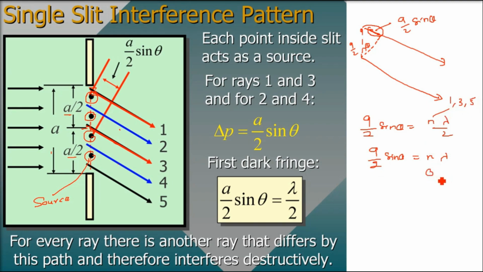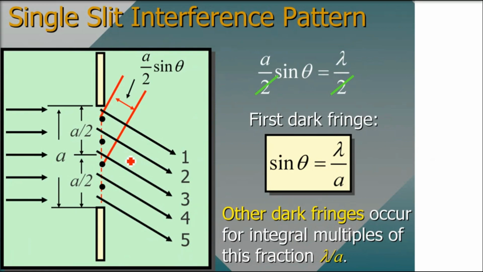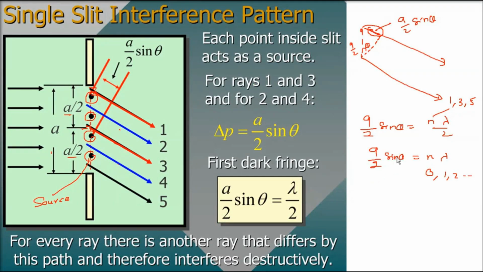And here for the dark fringe n will vary 1, 3, 5, the odd numbers. And in case of bright, there will be whole numbers. So if you cancel these two out, sine theta will be simply equal to lambda by a. So for other dark fringes, there will be integral multiples of this fraction lambda by a. You just have to multiply it through all the positive integers.